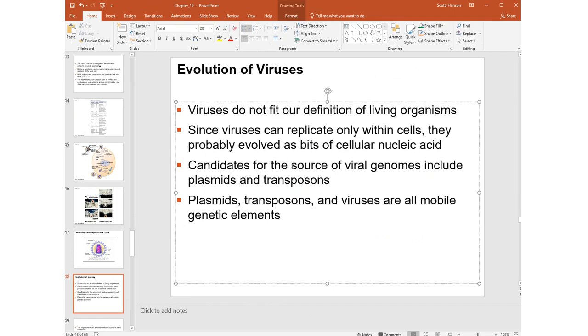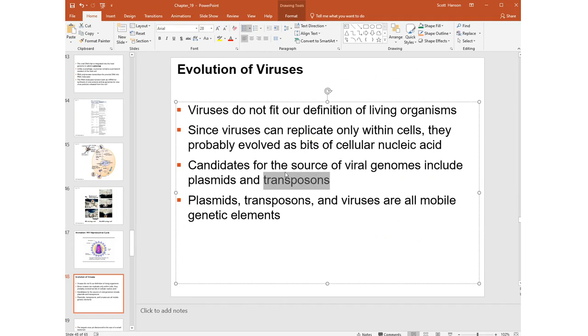And candidates for the source of viral genomes might be plasmids that are produced by bacteria, if you remember that from General Biology 1, or maybe transposons, again, something that was discussed in Biology 1.